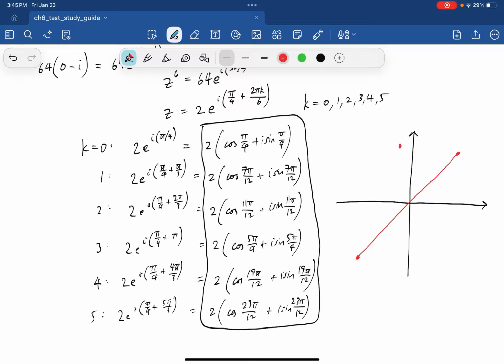And there's one going to be opposite that. Then 11 pi over 12 is right here. And that would be your sketch. You can label the length, which is 2. And that's good enough.